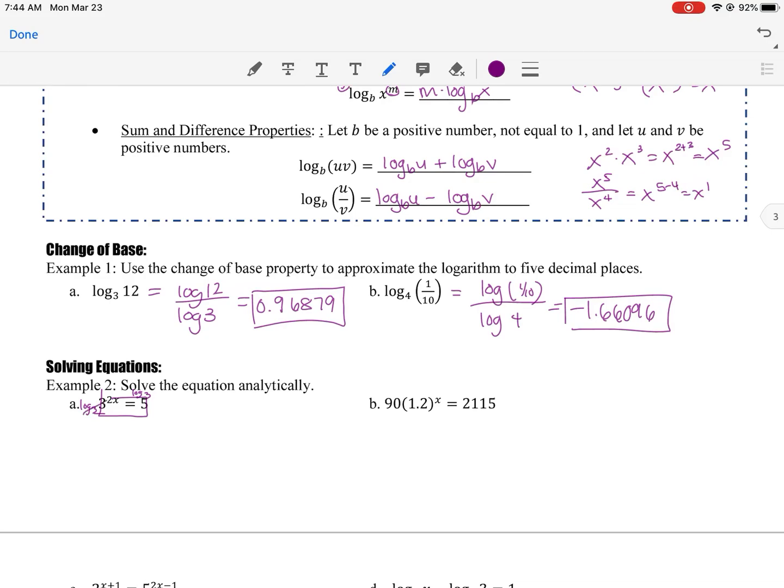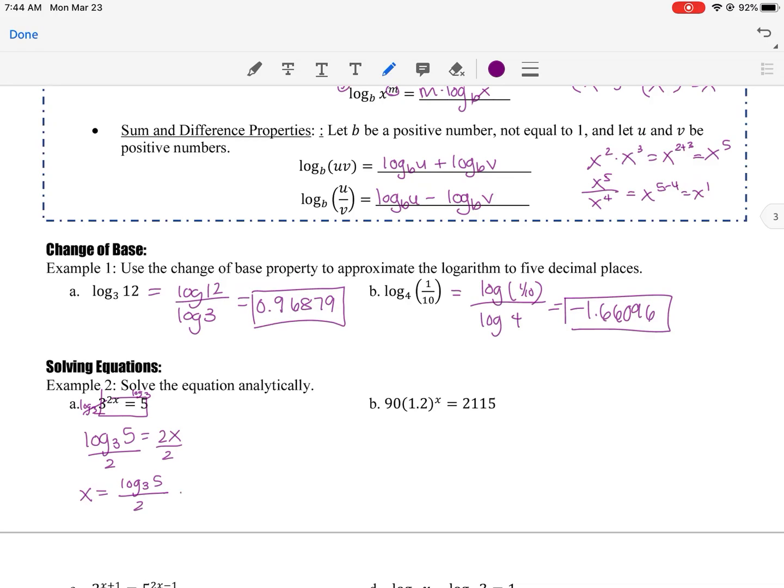and having the log base 3 of 3 cancel out, we'll be left with log base 3 of 5 equals 2 to the x, or 2 to the x equals log base 3 of 5. So therefore, if you want to get x all alone, we divide by 2. So x equals log base 3 of 5 all over 2.